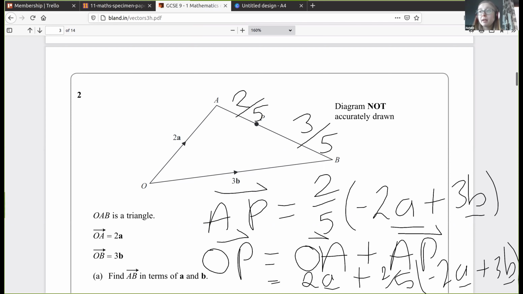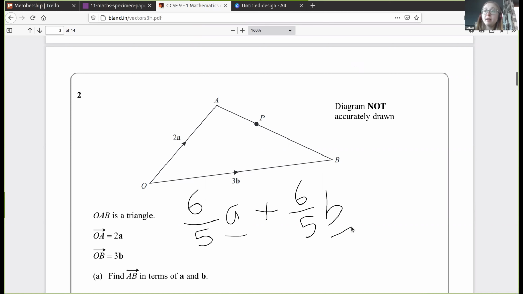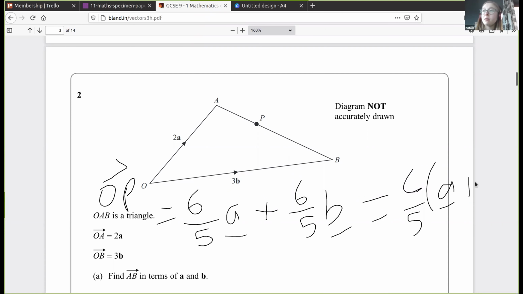And if we expand the bracket out and work all of that out, I think it ends up as 4/5 A, then what we are left with is 6/5 A plus 6/5 B, and that's for the vector OP, which is a multiple of A plus B. If it's a multiple of it, then it is parallel.